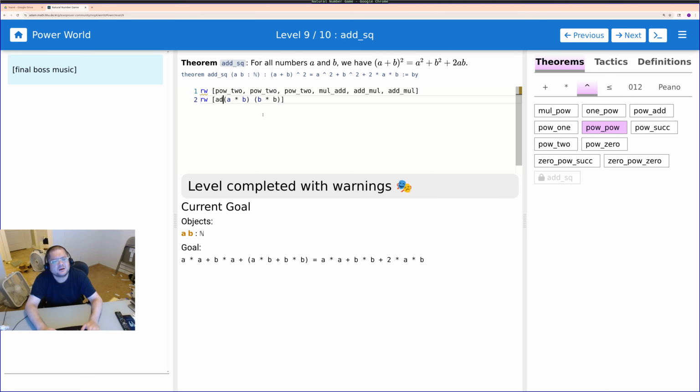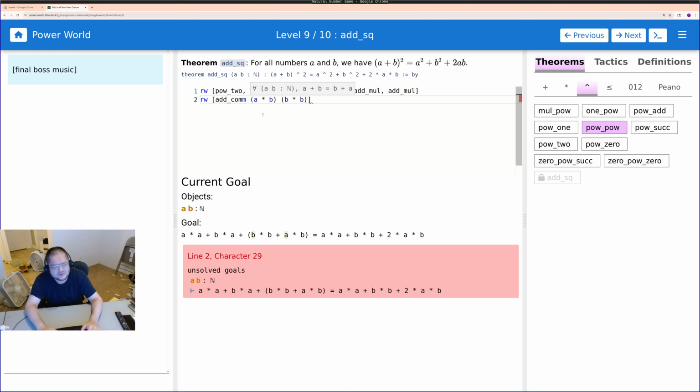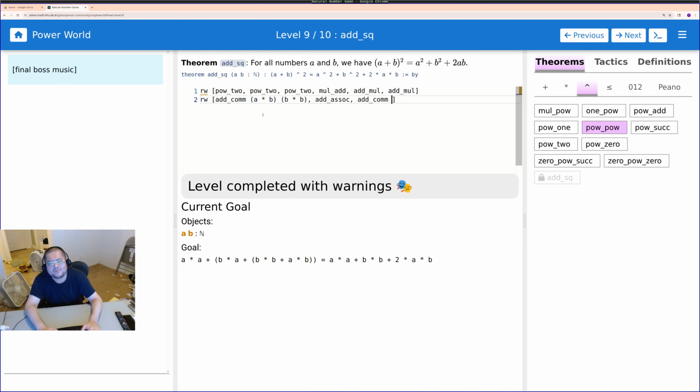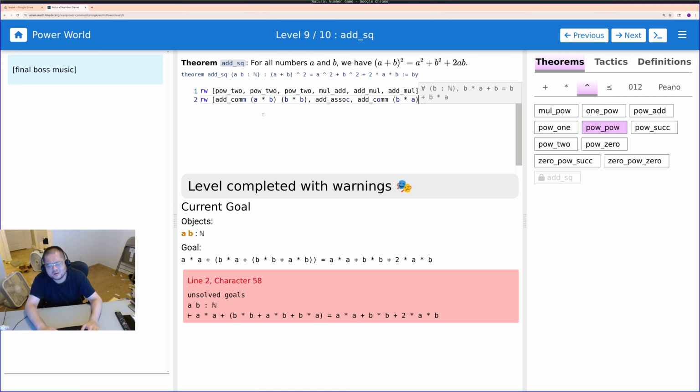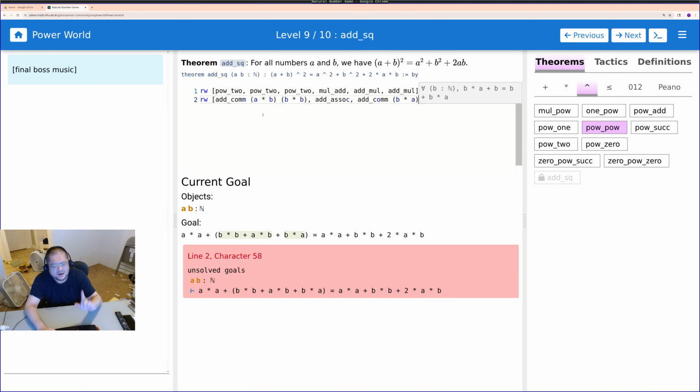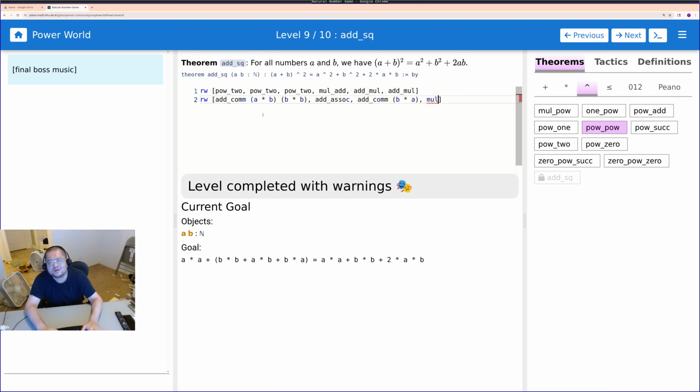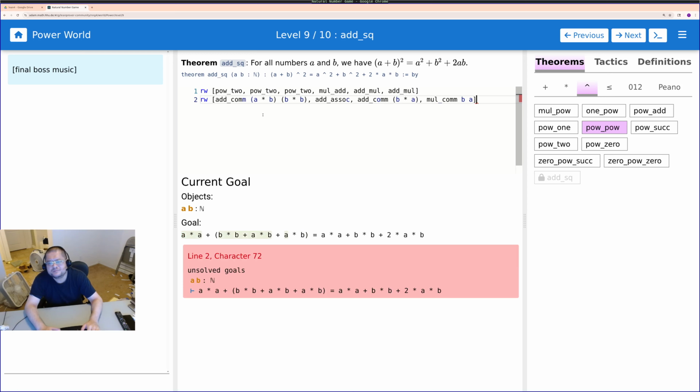This is going to be add commutative. Alright, and we want to do add associative. Then we want to do an add commutative. Okay, so a squared, b squared, a times b, b times a, and add commutative. A squared, b squared, ab, a squared, b squared, 2ab.